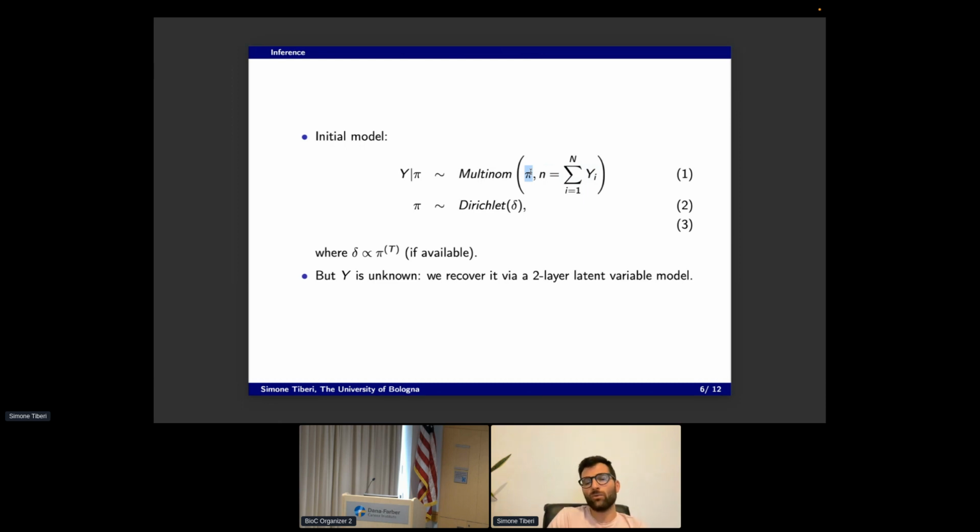Now, if you do provide the mRNA abundance as well, then here is where it enters the model via an informative prior for the relative abundance of the proteins. So it's very intuitive, actually. The relative abundance of the proteins is set to be proportional to the relative abundance of the transcripts.